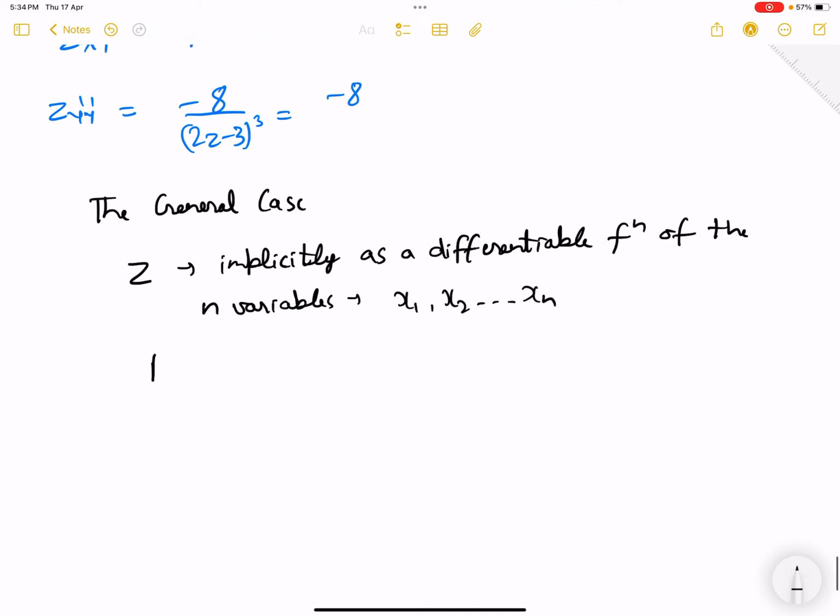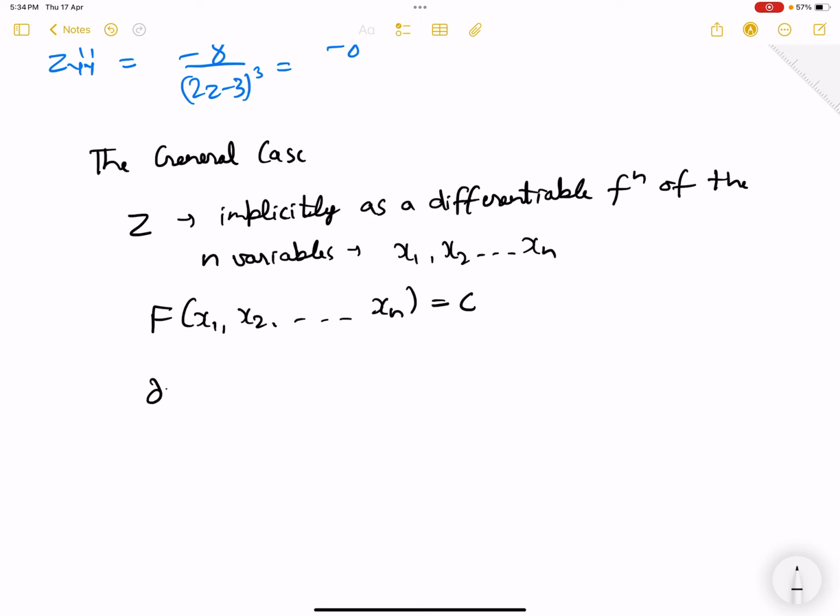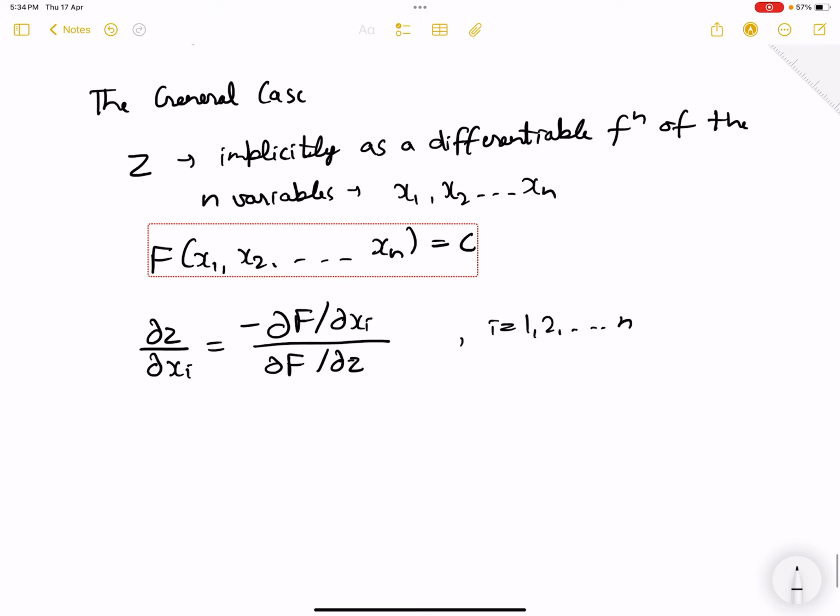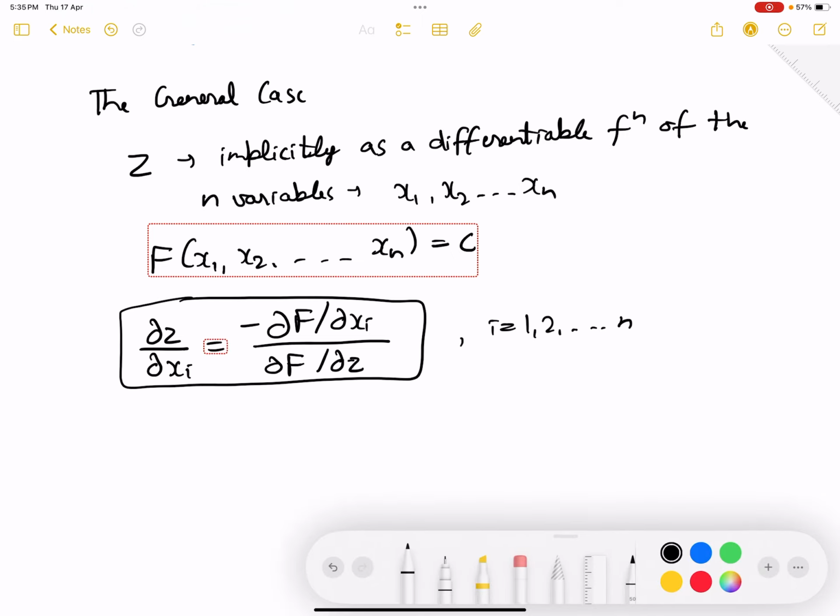Then it would be defined by the equation f(x1, x2, till xn) equals c, where c is a constant. So we can come to the general conclusion that del z by del xi would be equal to minus del f by del xi upon del f by del z, and this is for i equals 1, 2 till n. So we are generalizing it to the case where there are n variables.